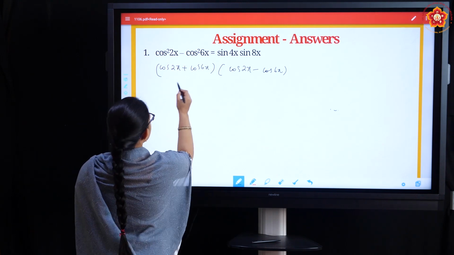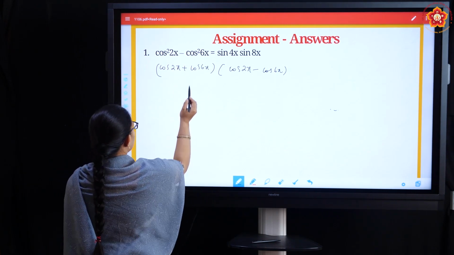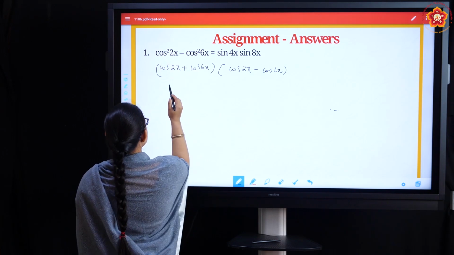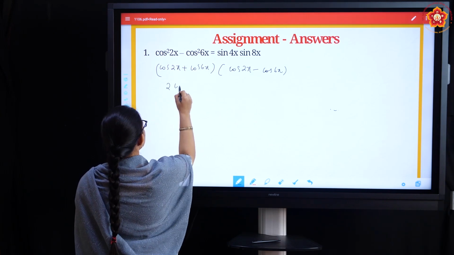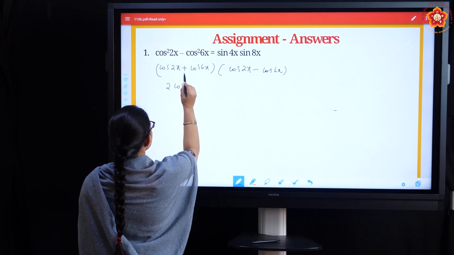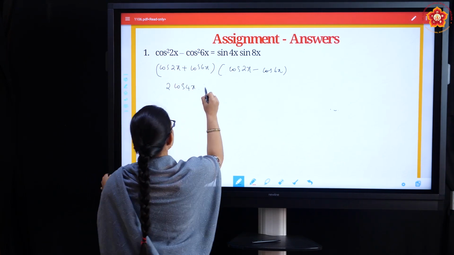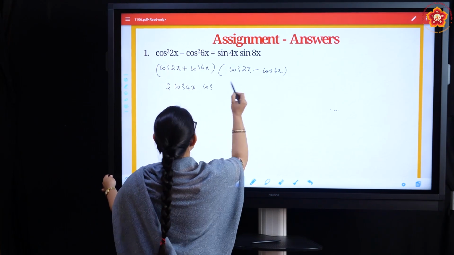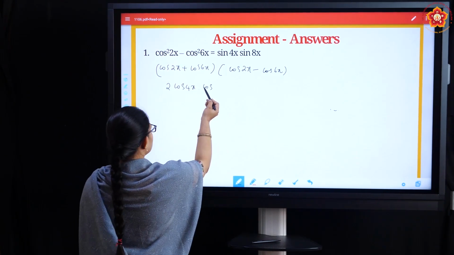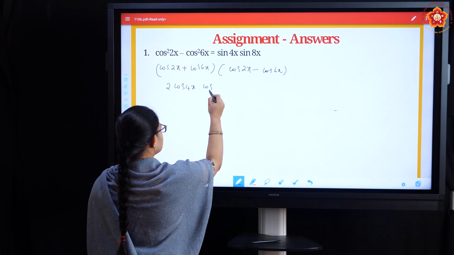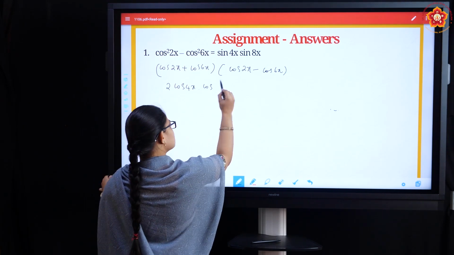We use the cos x plus cos y formula, that is cos x plus cos y is equal to 2 cos (x plus y by 2) into cos (x minus y by 2). So x plus y by 2 is 8x by 2, that is 4x, into cos of minus 4x by 2, that is cos of minus 2x, but cos of minus 2x is cos 2x.